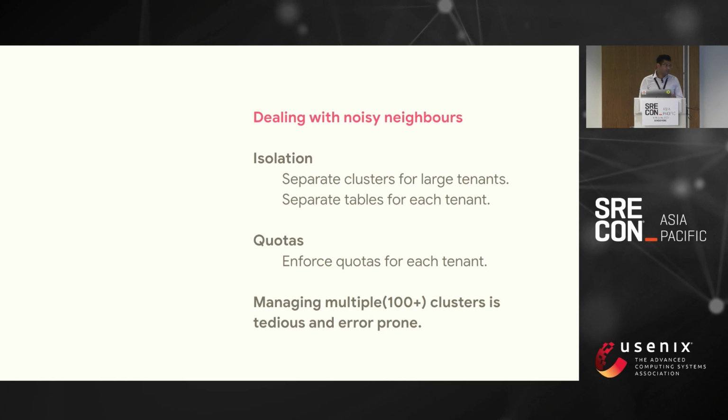So what we ended up doing at Slack, and to some extent at Airbnb, is we just set up multiple clusters. At Slack, we run over 100 ES clusters just for logs. And managing these 100 plus clusters becomes very tedious and error prone very quickly.